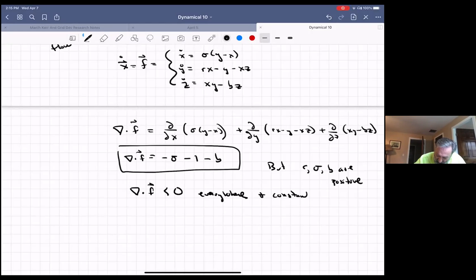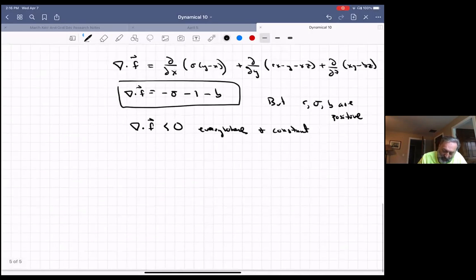Here's another thing to say. When I took the divergence of F, I didn't just get a negative number, I got a constant number. So I had before that V dot was equal to the integral of the divergence of F dV.